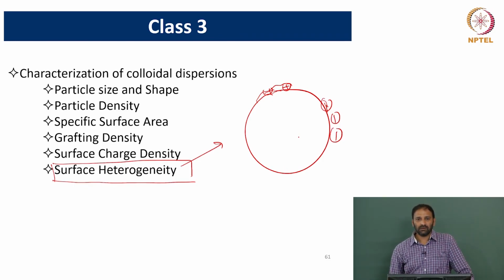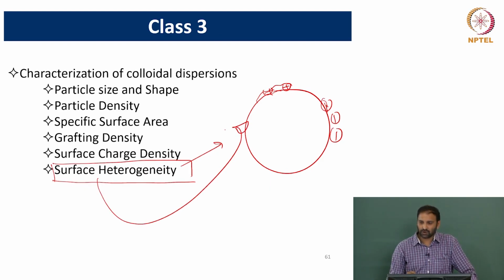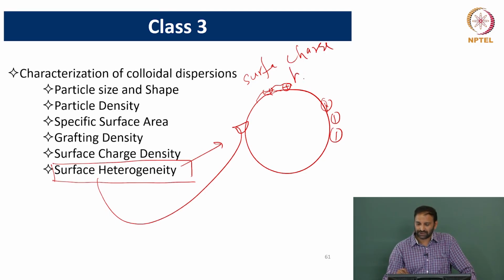So this is an example of surface heterogeneity, in this case what is called a surface charge heterogeneity, right?